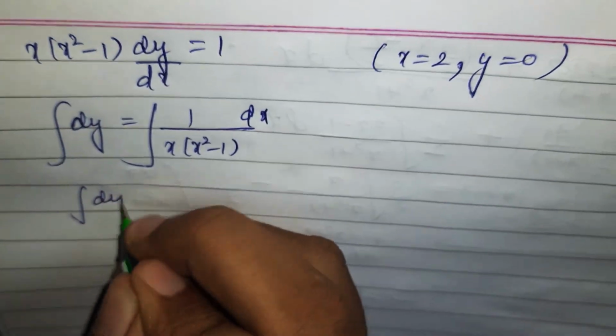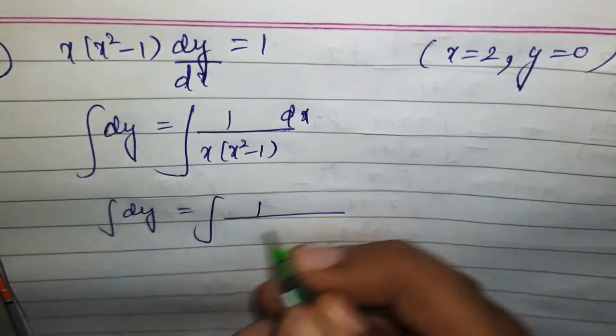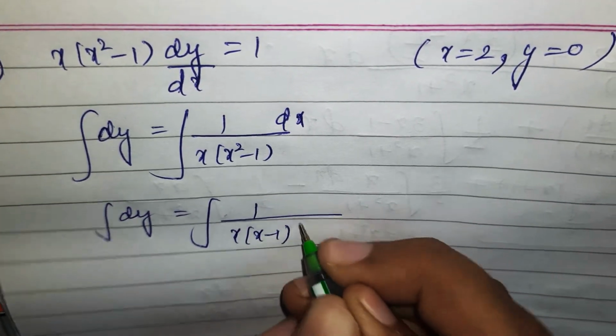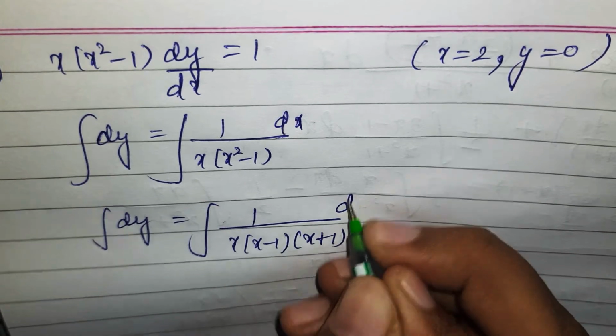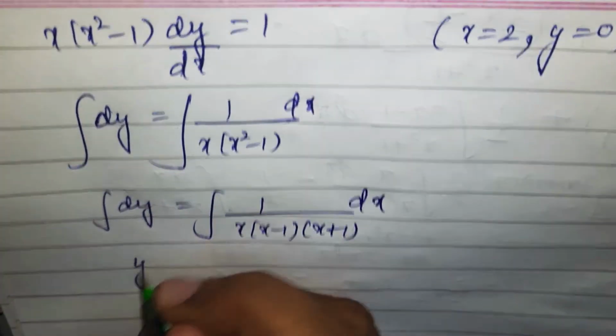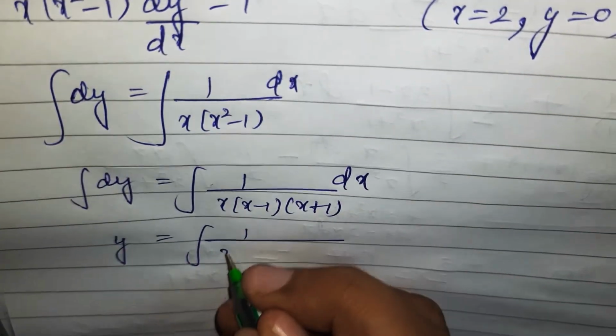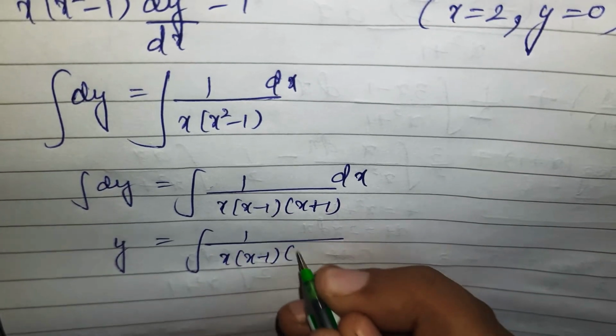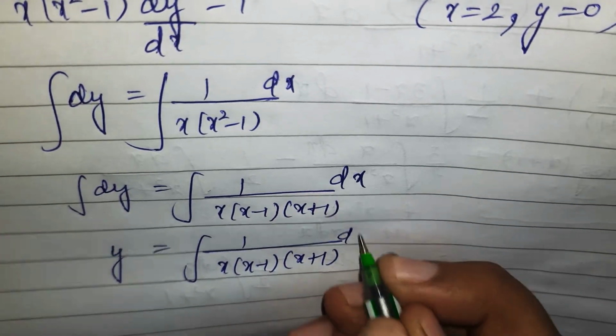So dy, this will become 1 upon x minus 1, this is again the partial fraction, so this is y and this we need to calculate, so we'll take it individually for the solving part.